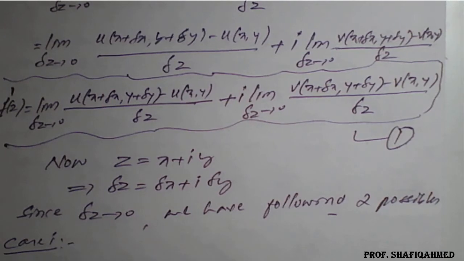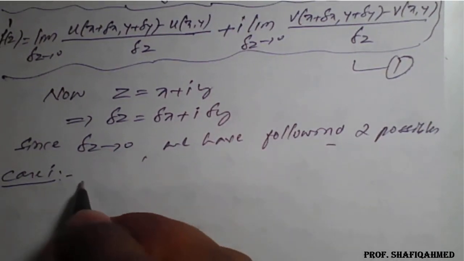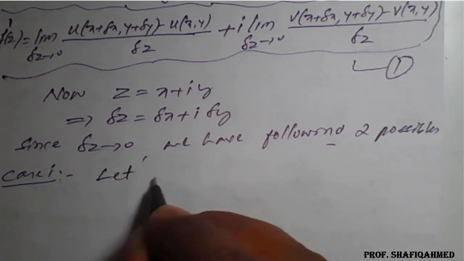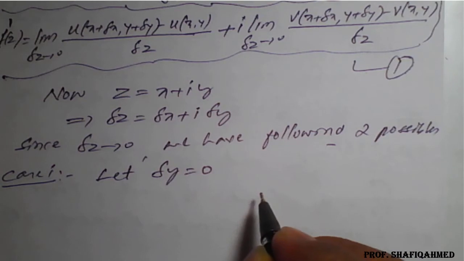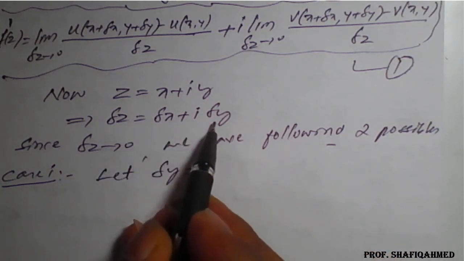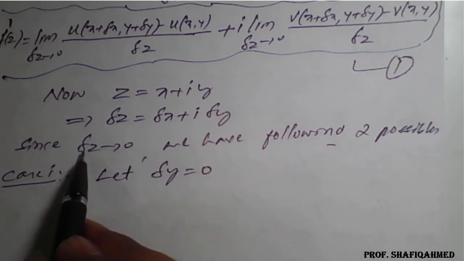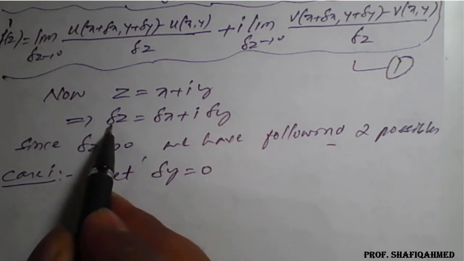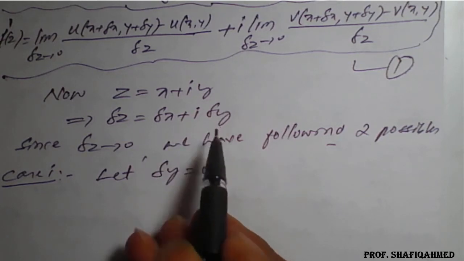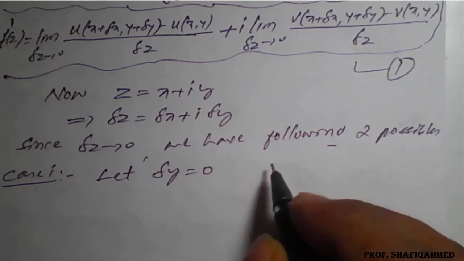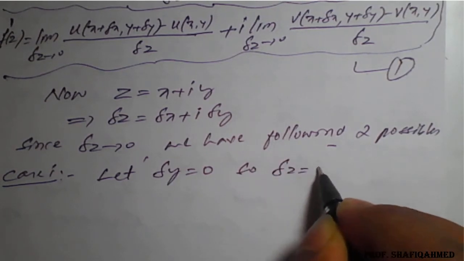Case 1. Let delta y is equal to 0. So we will consider delta y is equal to 0. If you put delta y is equal to 0, then we will get delta z is equal to delta x.